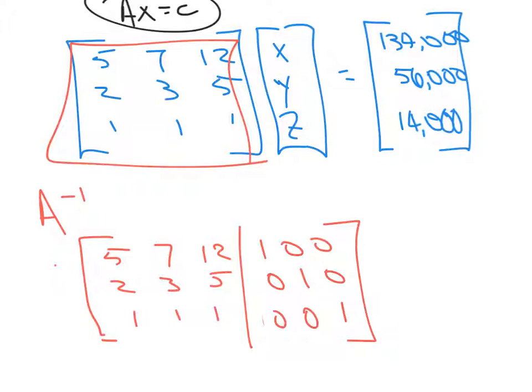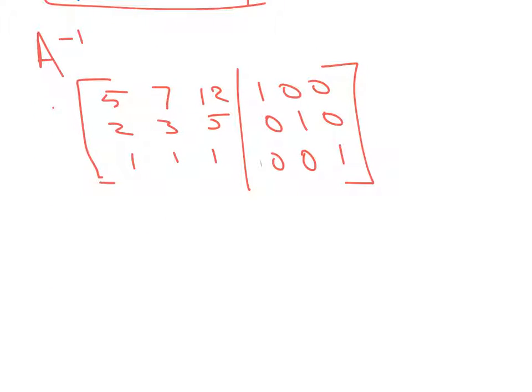So once we find our inverse, then all we do is multiply it. So let's say we found our inverse. I'm just going to write it as A inverse, rather than write it all out.